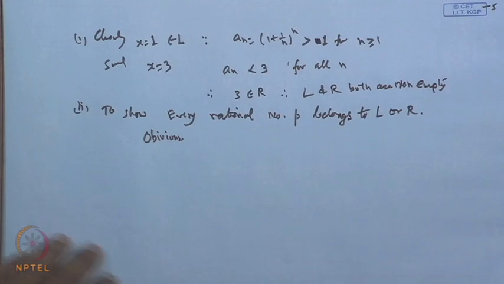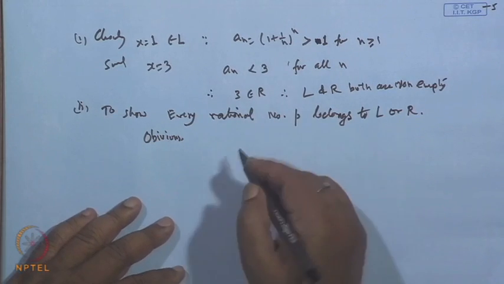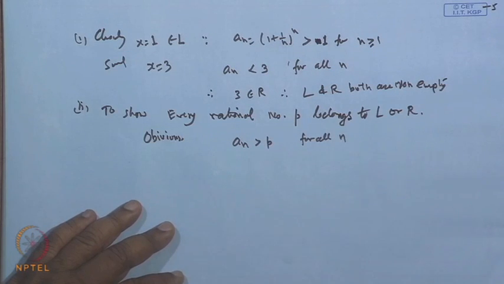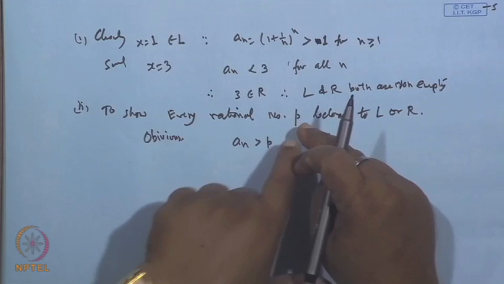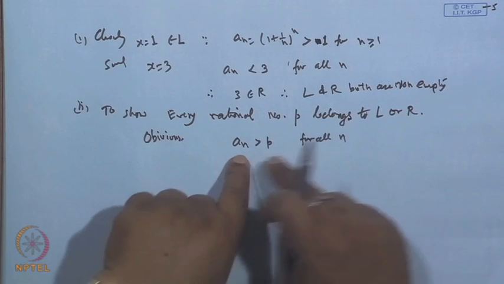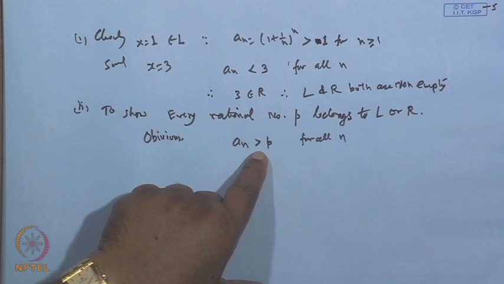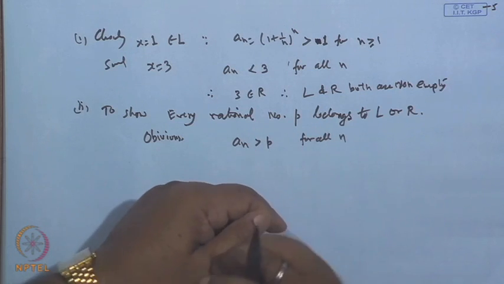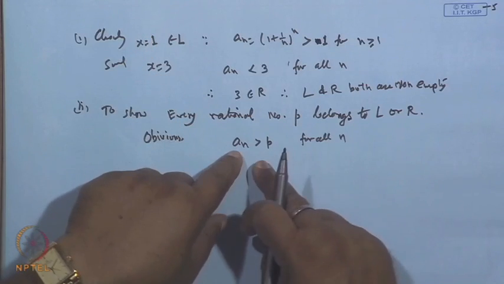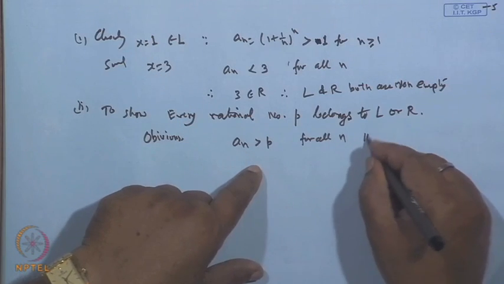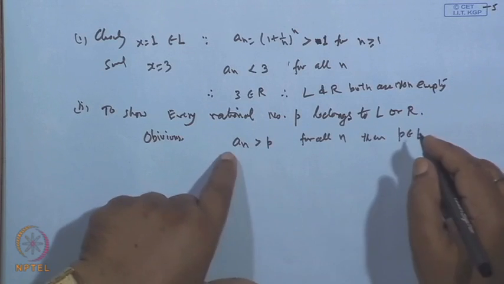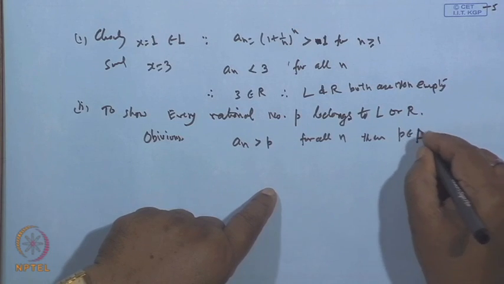Why? Suppose a n is greater than p for all n. p is a number I am choosing. So, there are two possibilities: either a n will be greater than p for all n, or maybe a n is less than p after a certain stage. Then p belongs to the upper class.